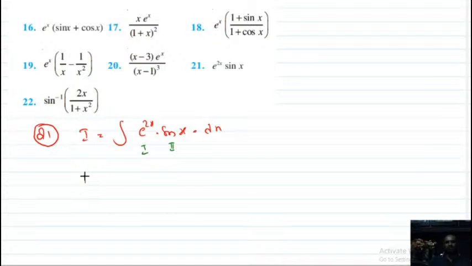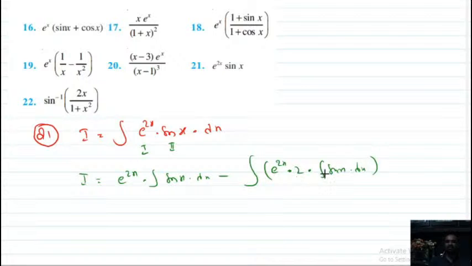I is equal to e^(2x) into the integration of sin x, minus the derivative of e^(2x), which is e^(2x) into 2, into the integration of sin x, dx. This is the first step.